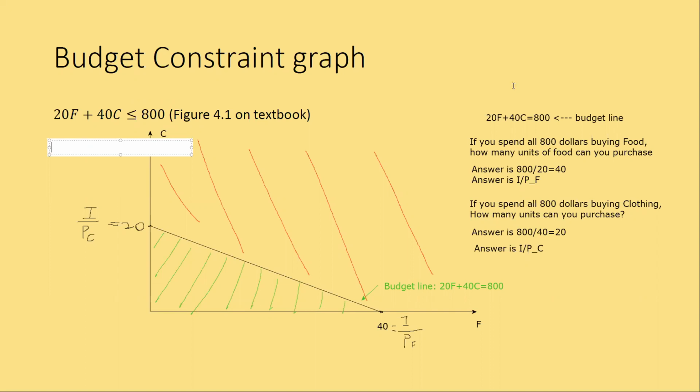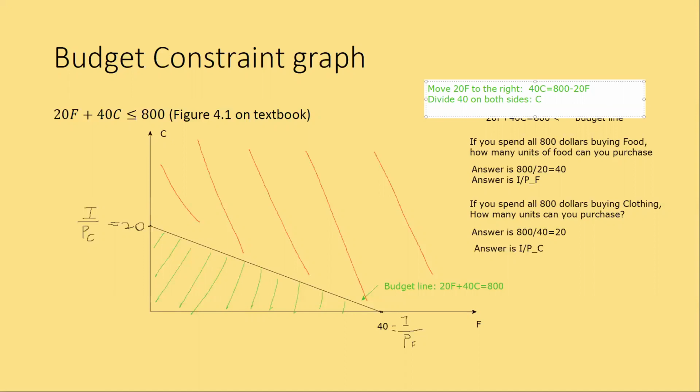If we start from our budget line over here, we can move 20F to the right, 800 minus 20 times F. And we can then divide 40 on each side. So move 20F to the right, then divide 40 on both sides.